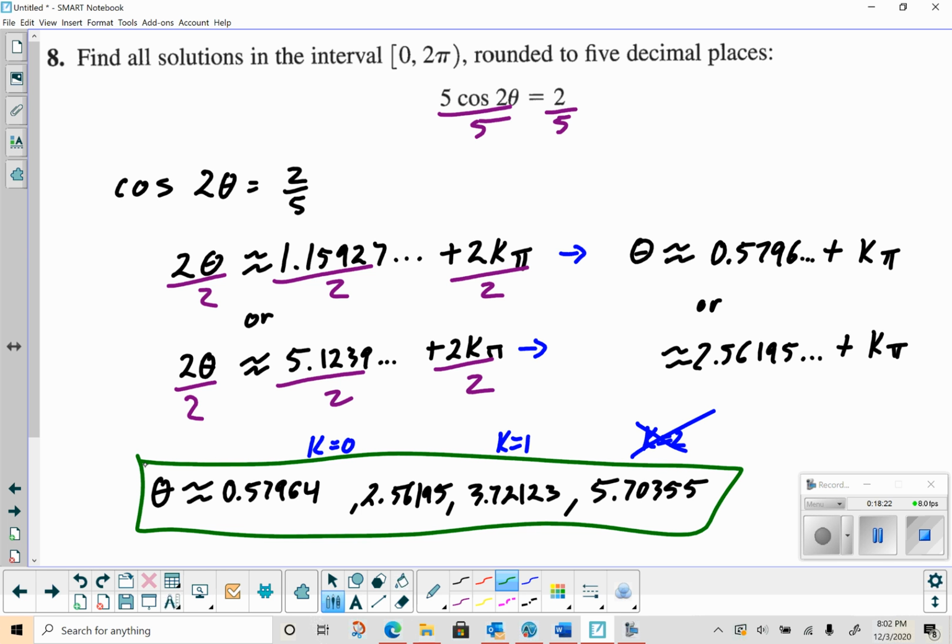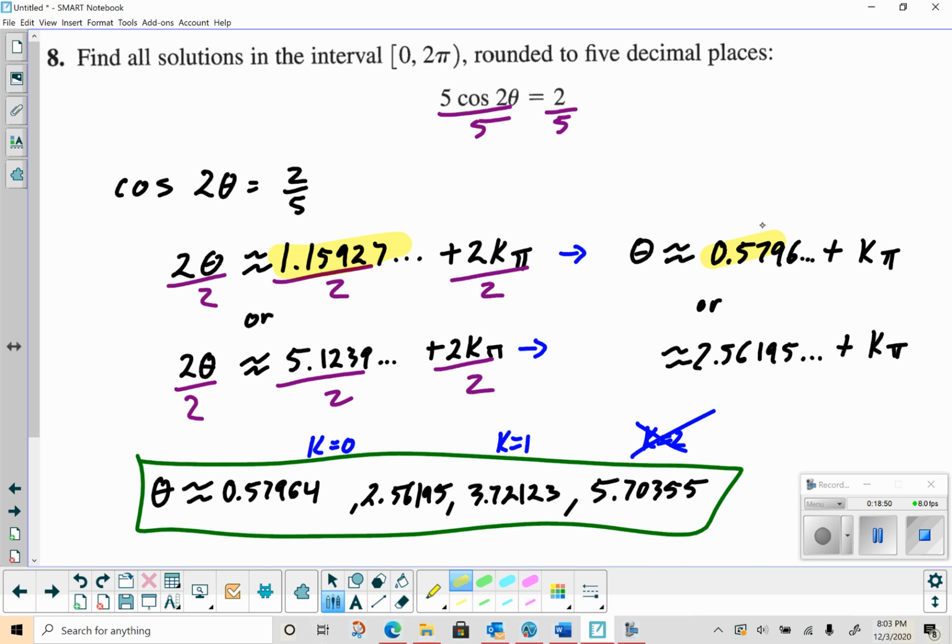Again, messy numbers made more technical by the fact that they wanted 5 decimal places here. And again, I caution you, don't round off to 5 decimal places when you're at this step here. Don't round it off to 5 decimal places even when you're at this step here. Okay?